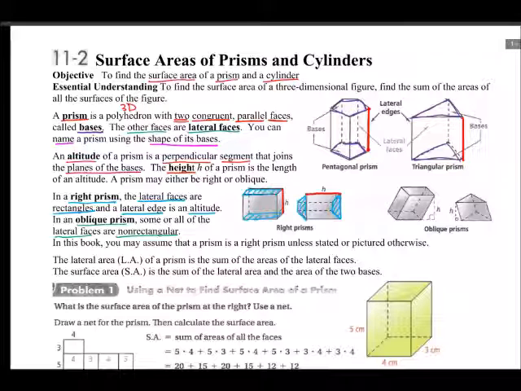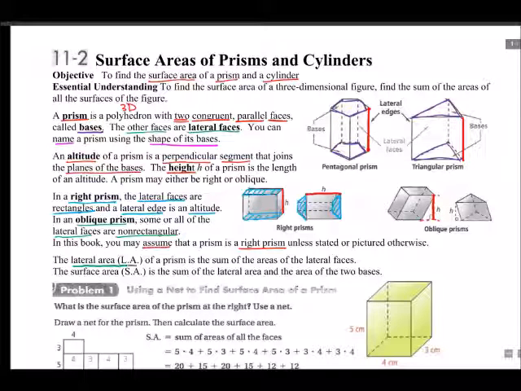You find where your two parallel congruent faces are, and then the height, your altitude, just joins the planes of those two bases. In this book, we can assume that we are dealing with right prisms unless otherwise stated or pictured, which is good for us. I think pretty much all we deal with is right prisms.